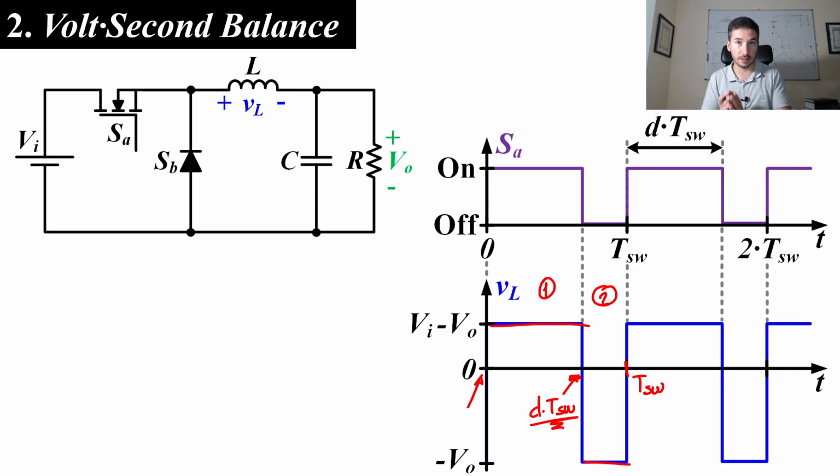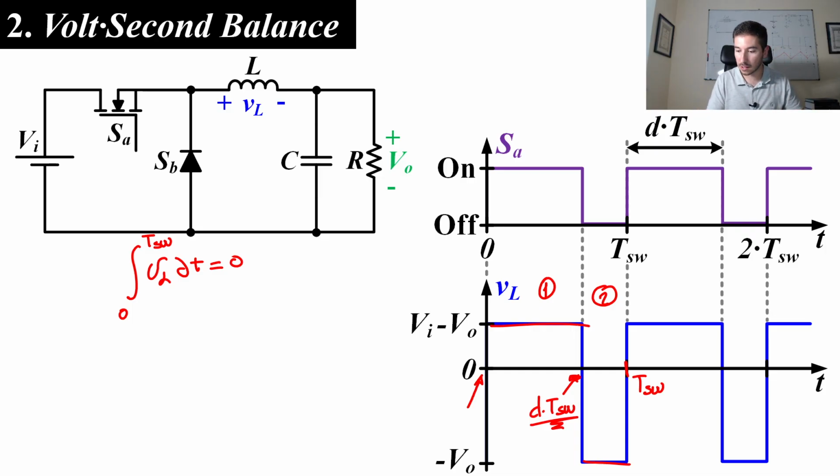Now let's apply the second step of the method. Apply the volt-second balance to inductor L. Essentially we say that the integral from 0 to the end of the period of the voltage across the inductor must be 0. This integral is very easy because the voltage across the inductor is a set of constant values.